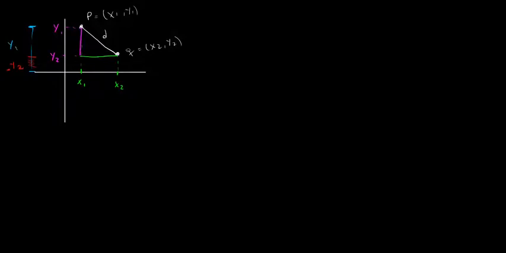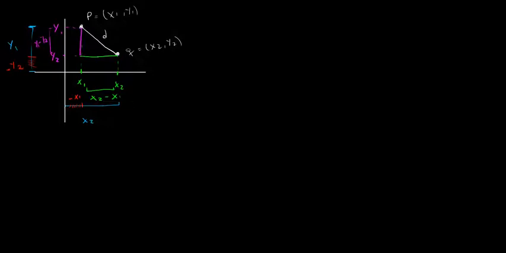So this distance is going to be y1 minus y2. And the same here, this distance is x2 and we are removing this part here, that's x1. So then this green distance is going to be x2 minus x1.